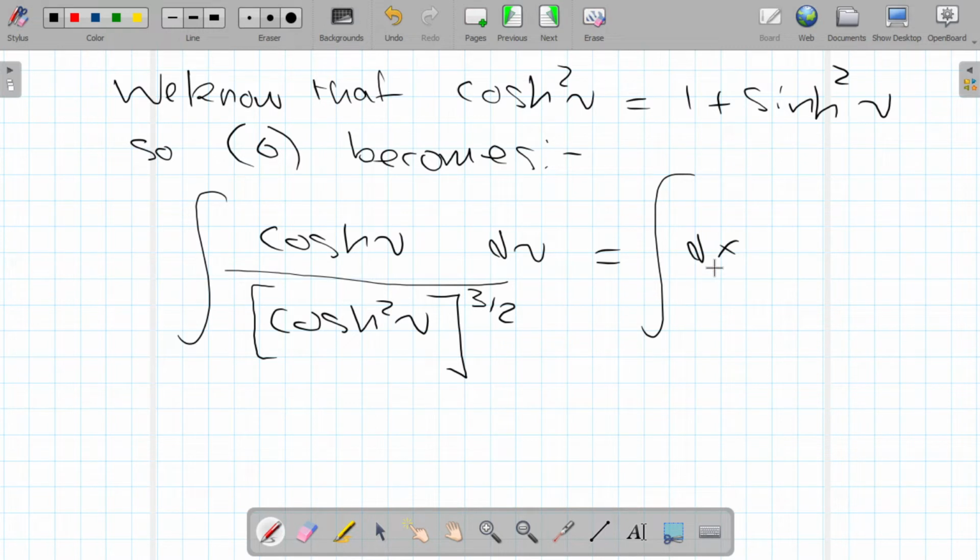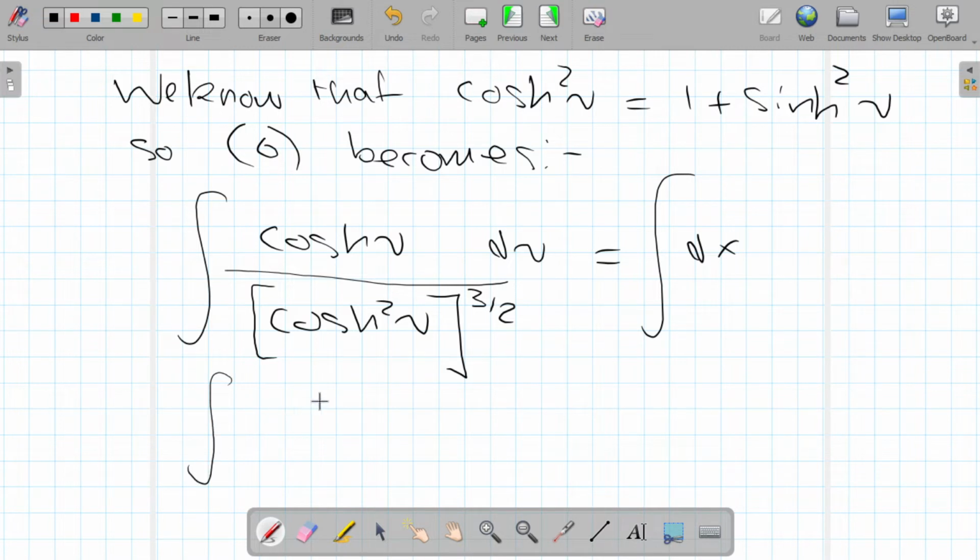Now, the left-hand side can be simplified really easily because the denominator is simplified simply by multiplying these indices together. So 2 times 3 over 2 just leaves you with 3, or a cubed term.